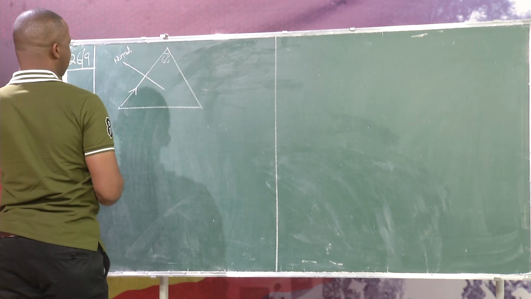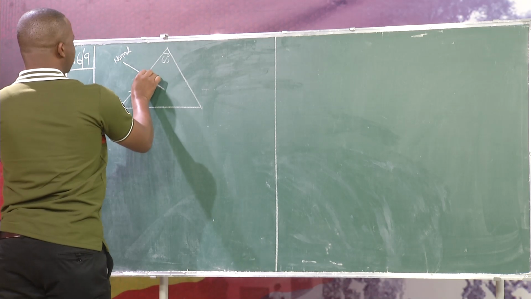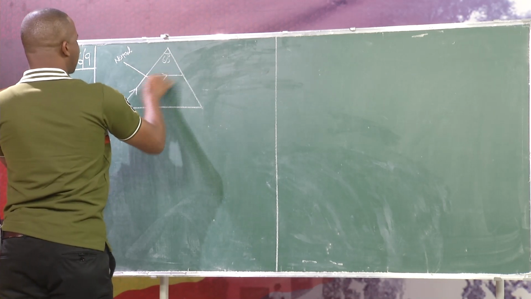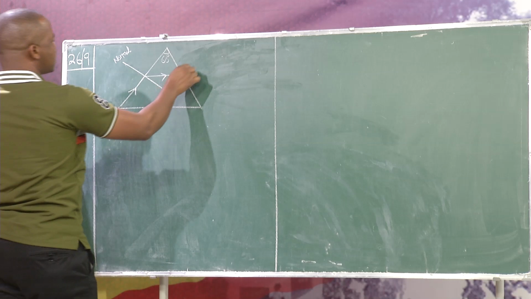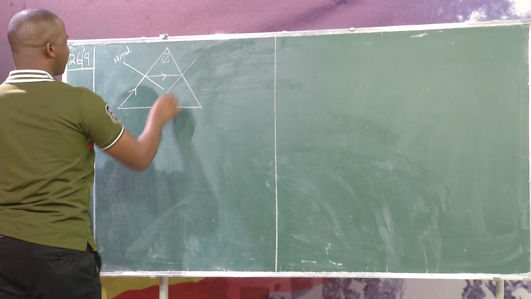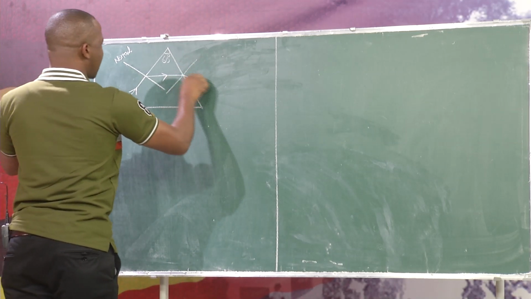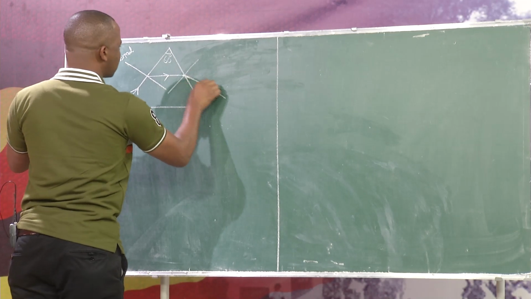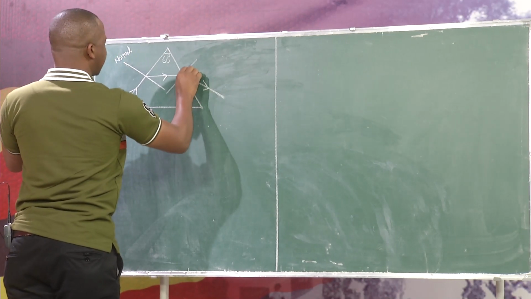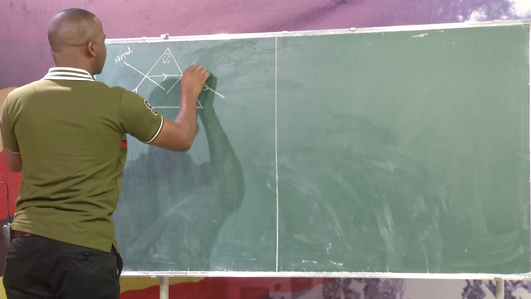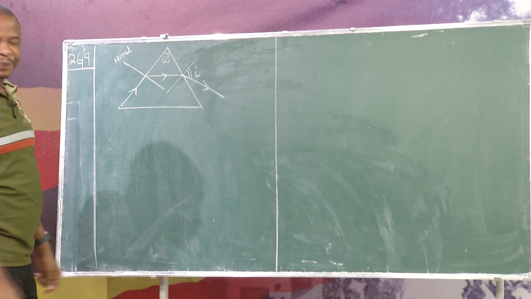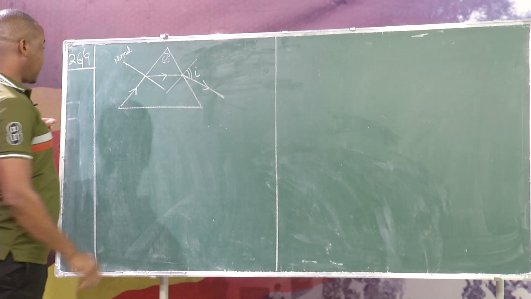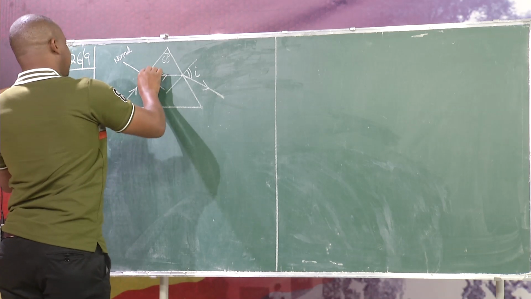This angle is 60 degrees. This light is refracted as indicated. We have another normal here, and it emerges out, say along this line. This angle in the question was called I.